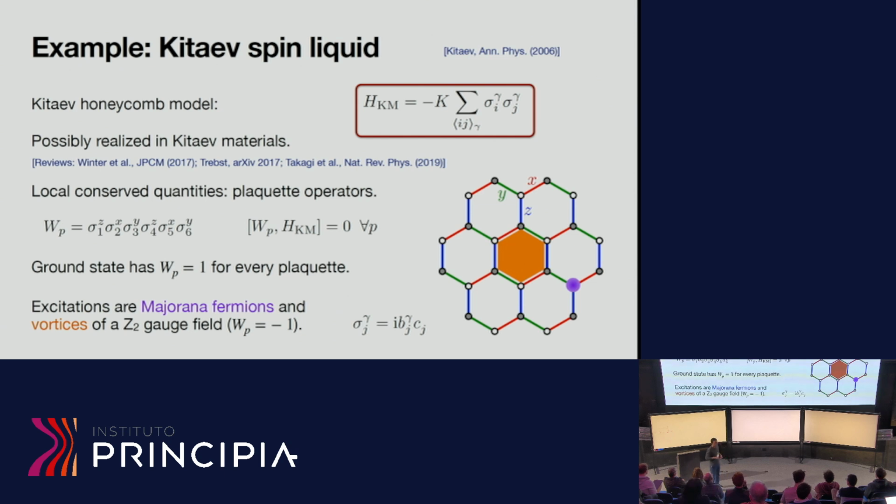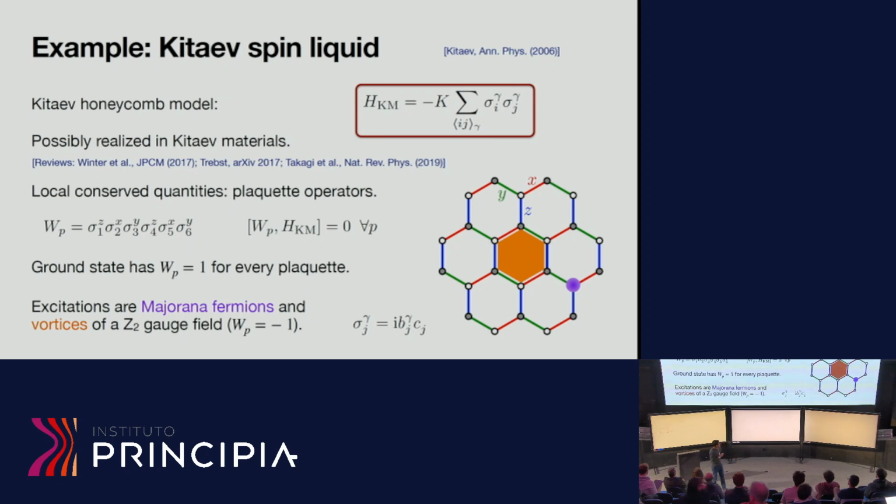And this plaquette operator that I was talking about is actually like the effective flux for this Z2 gauge field. So in addition to Majorana fermions, another excitation you have in this model is that you can flip the sign of the eigenvalue of a plaquette operator from plus 1 to minus 1, exciting your Z2 gauge field. That's like a vortex for these Majorana fermions moving on this lattice.